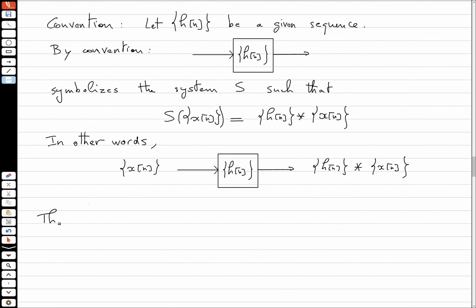So now we have a theorem which I call theorem 2. It says two things. It says the following: this system is automatically LTI.